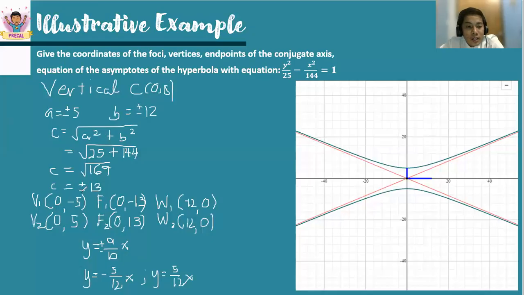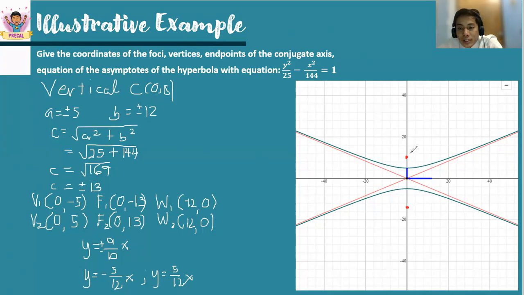For the focal axis, it is somewhere located. So this is 5, and somewhere here. If this is 5 units, then we'll have 10. Somewhere here, this is where the focus is located.